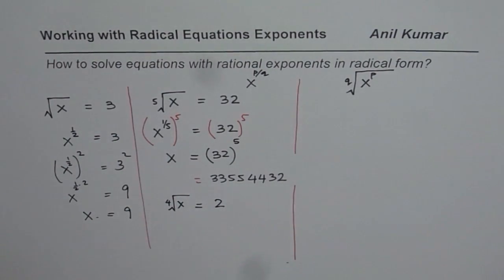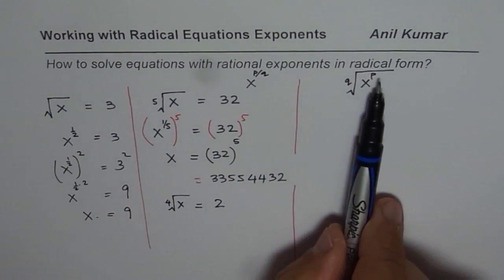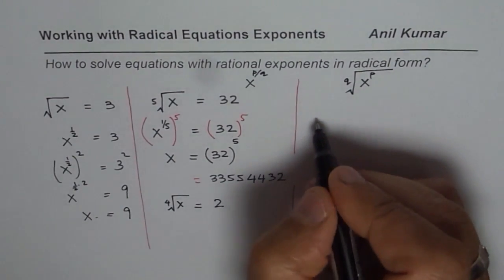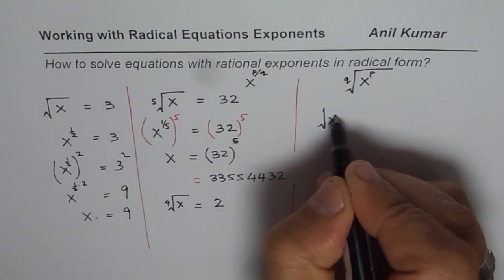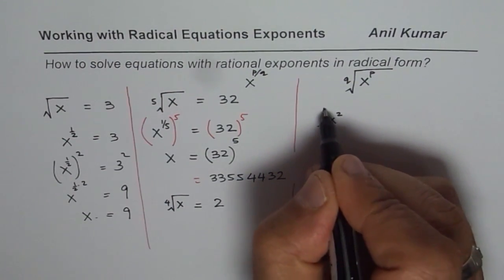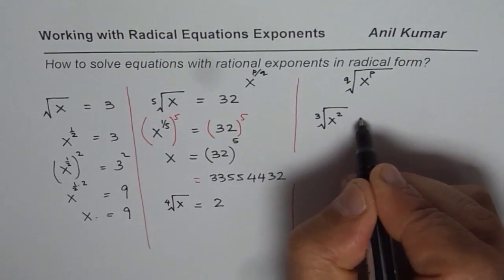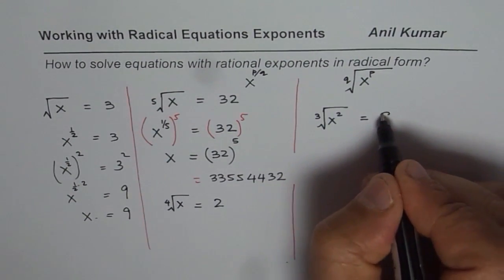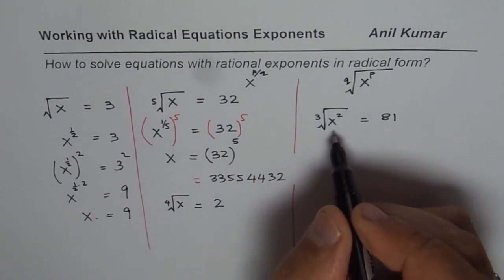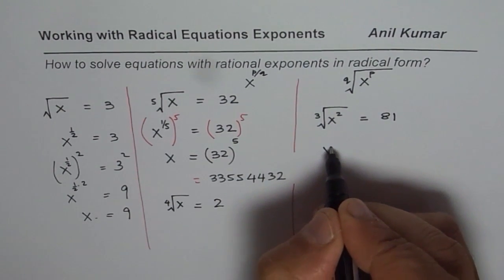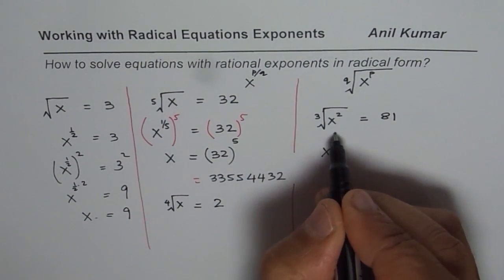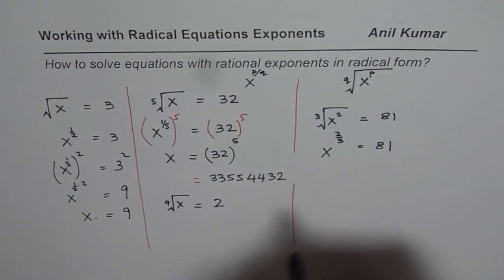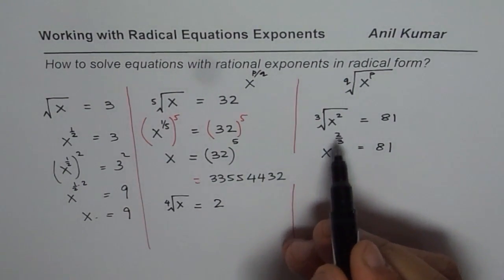Now let me take examples which are like this. We could write one equation, x to the power of, let us say, 2 here and 3 here, equals, let us say, 81. That really means in exponent form, x to the power of 2 over 3 equals 81. Now here we have a choice.